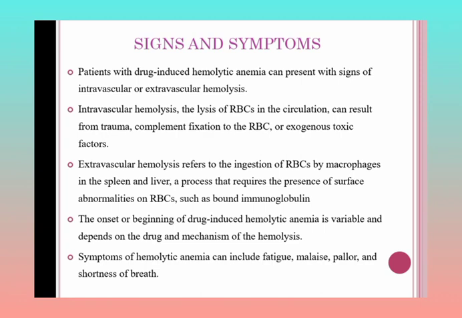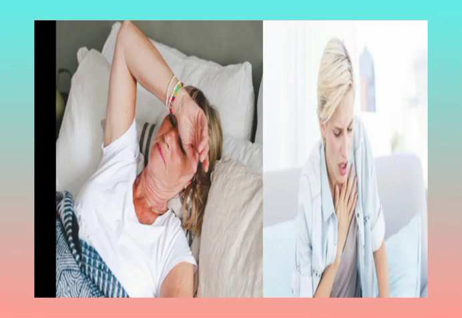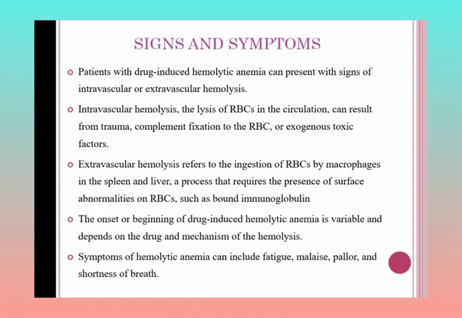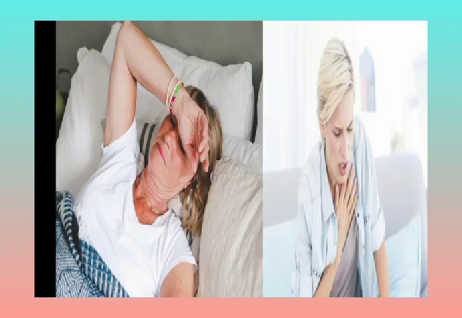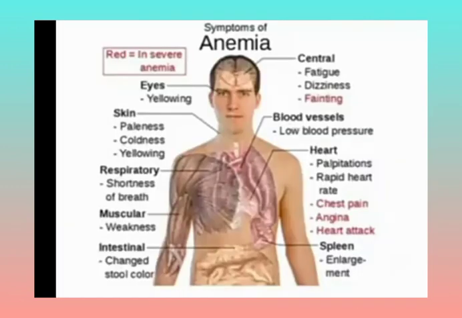The symptoms of hemolytic anemia include fatigue, pallor, malaise and shortness of breath. Because of the shortness of breath, malaise and fatigue, pallor can be seen. In severe anemia, the eyes will mostly be red in color.